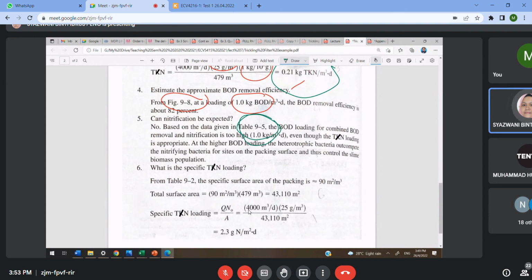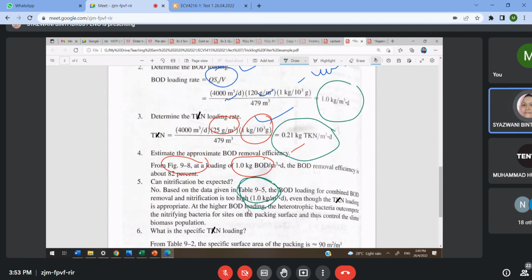You can see the difference in terms of concentration. BOD represents the carbon, which is about 1, and total nitrogen represents the nitrogen. If we compare the carbon to nitrogen ratio, even before we check the table, we know that at this ratio nitrification cannot be expected because the BOD is too high as compared to the total nitrogen.